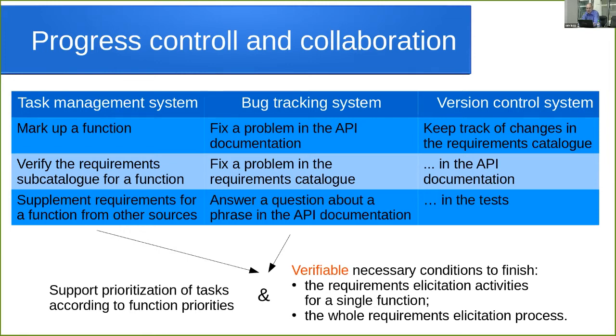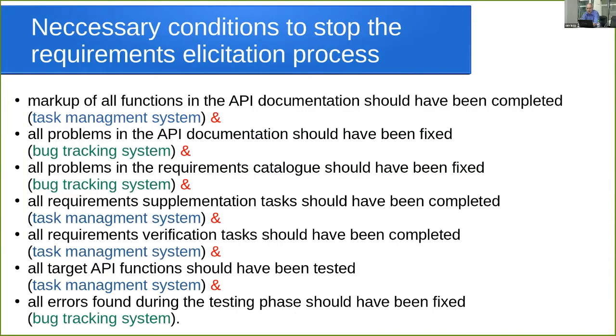verifiable necessary conditions to finish our main activities, the requirement solicitation activities for a single function and for the whole requirement solicitation process. Here are the necessary conditions to stop the requirement solicitation process. I will read some lines.